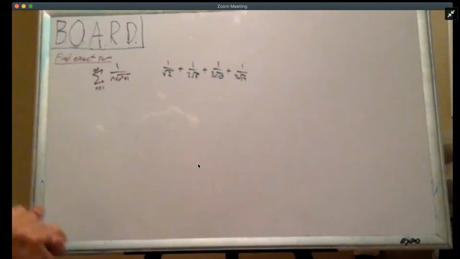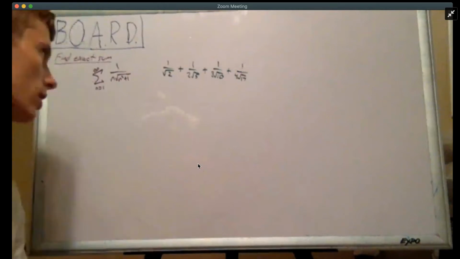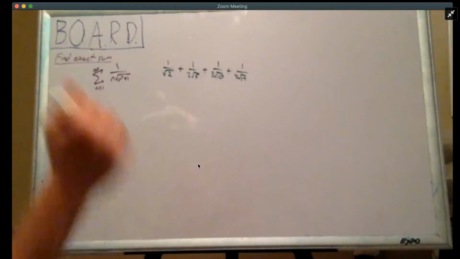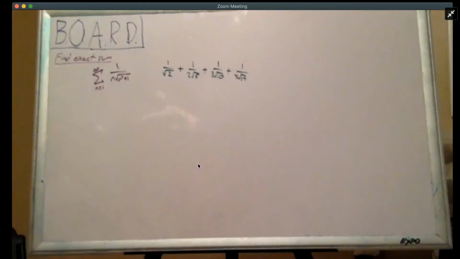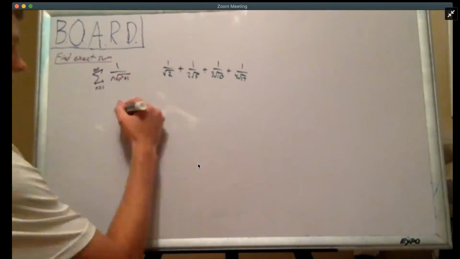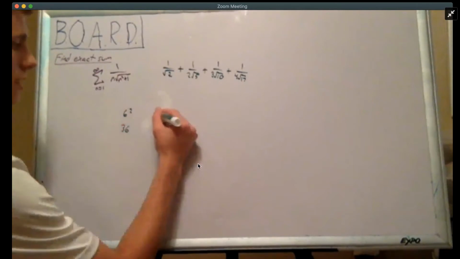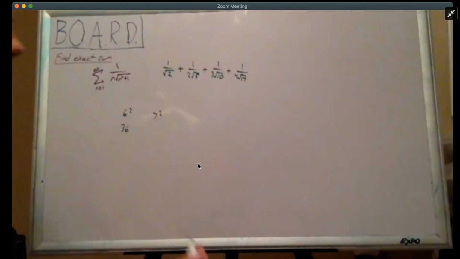So from what I'm seeing, there's no good pattern, and we're never going to get out of the square root because the n squared plus 1 is never going to be big enough to advance to the next square. So like if you have 6 squared, which is 36, to get to 7 squared, you're going to need a lot more than 1.